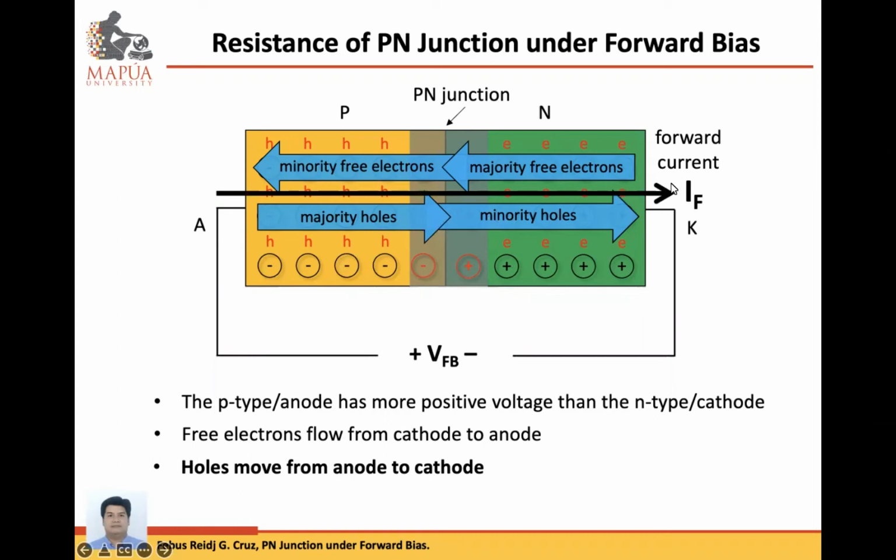So pag sinabi nating forward current, it is the flow of current from the anode going to the cathode. And it coincides with the flow of the holes. So forward current is the same direction with the whole flow, but of opposite direction, but equal magnitude with the free electron flow. All right, so is this clear? Please confirm. Yes, sir. Okay.